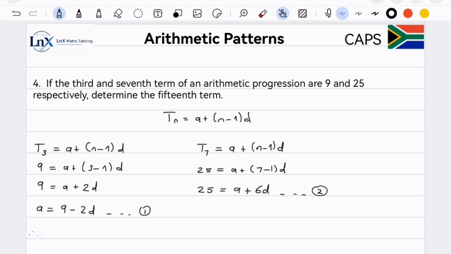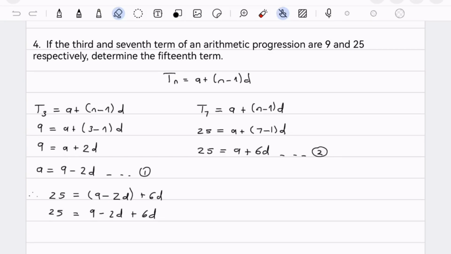So therefore 25 equals 9 minus 2d plus 6d. We're going to solve for the letter d here.